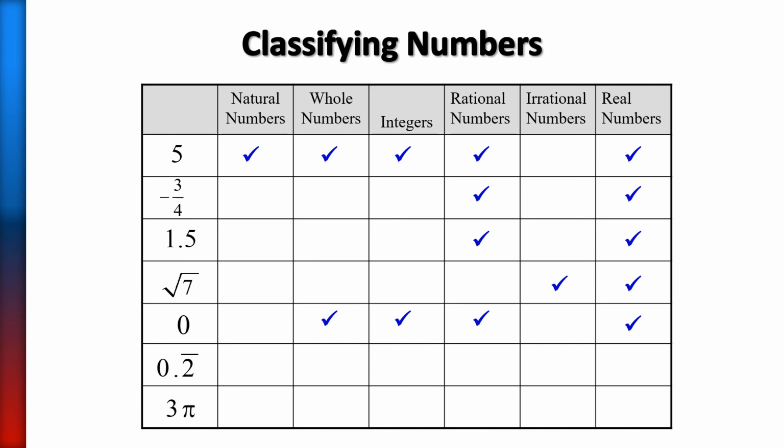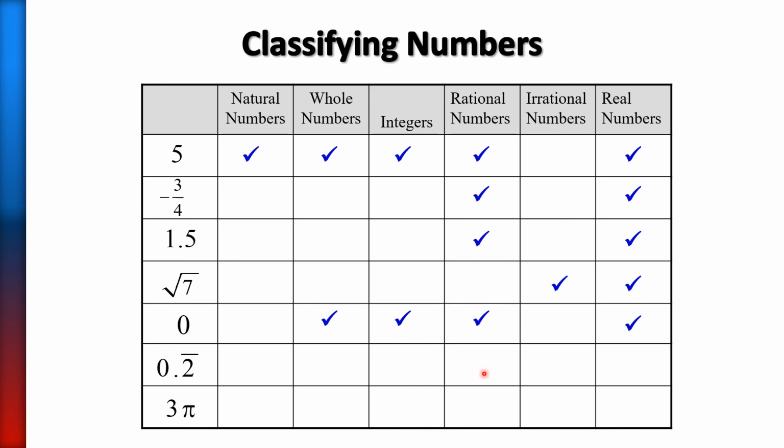Next, we have 0.2222, with the 2 going on and on, repeating itself. Not in the natural numbers, whole numbers, or integers. For a rational number, now, it doesn't mean that because this goes on and on it's irrational.